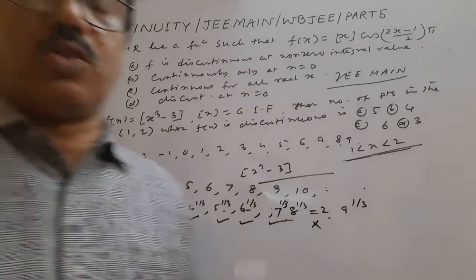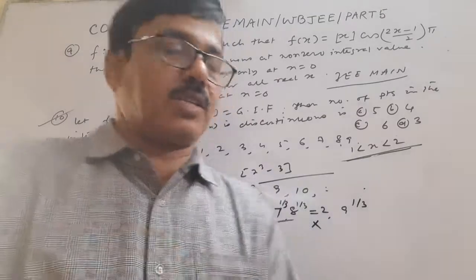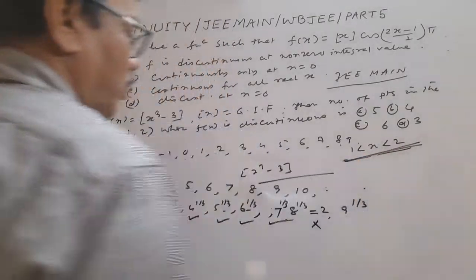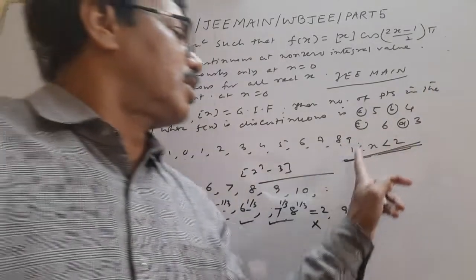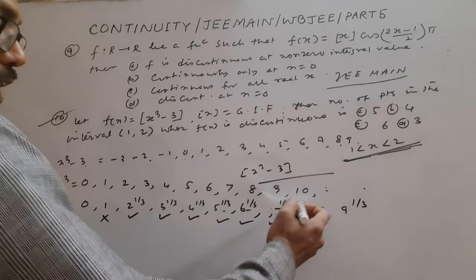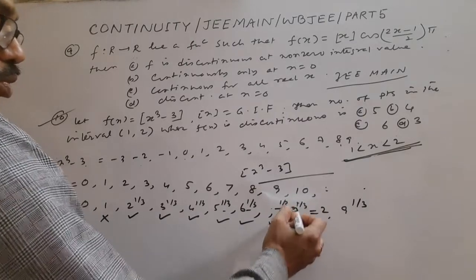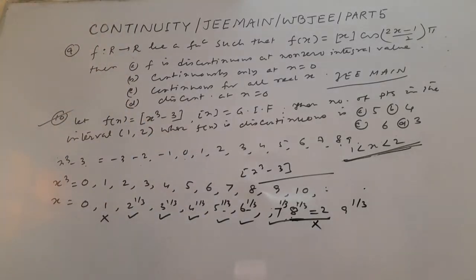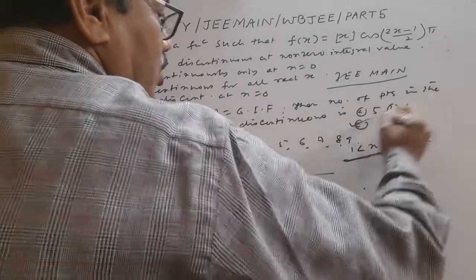It is not continuous at 6 points in between 1 and 2. Since this restriction is given, 8 to the power 1 by 3 is 2, so up to this is sufficient. And no need of taking points less than 0. So we are getting 6 points.